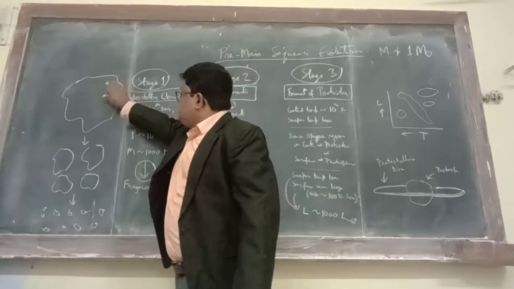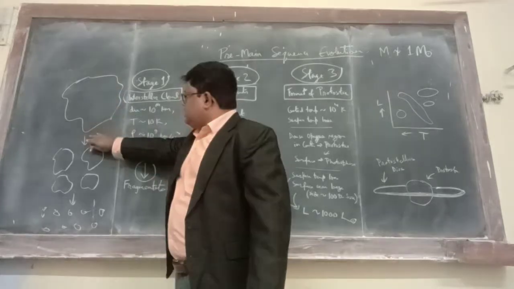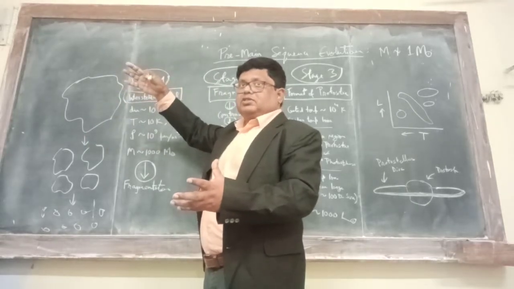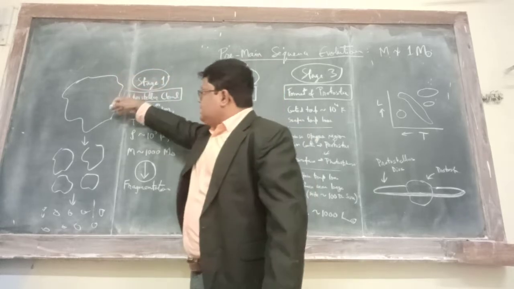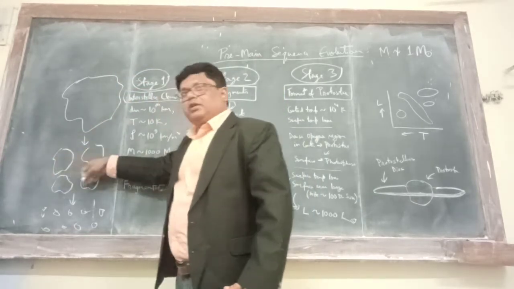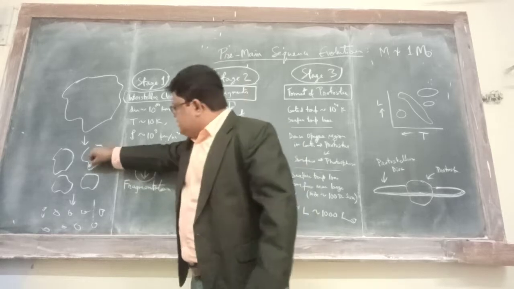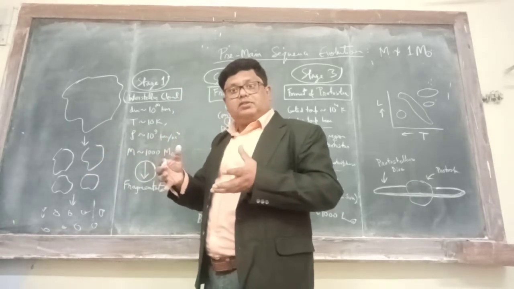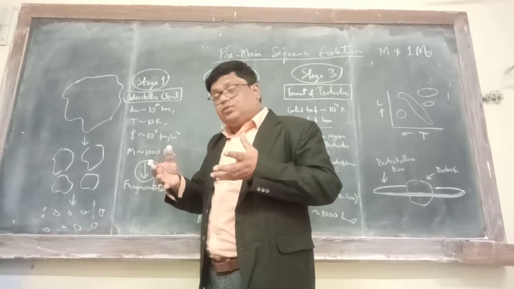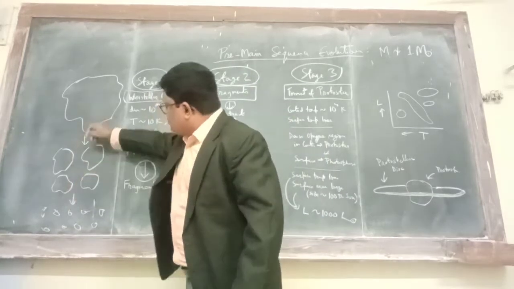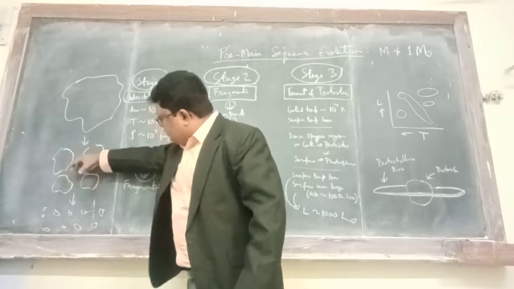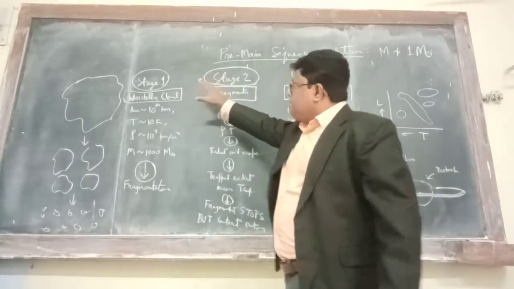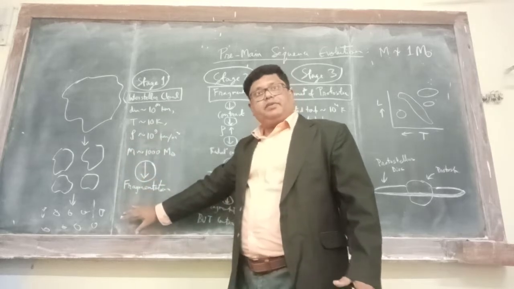So basically this big cloud, in the course of its gravitational contraction, slowly and gradually is breaking up into smaller parts. And then inside each of the smaller parts there will be individual contractions, right? And as a result it will slowly be fragmenting into even smaller parts. So this is what is happening in stage 1.